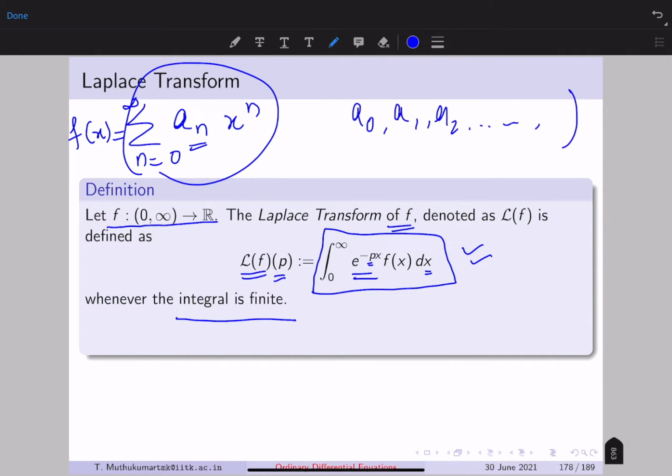So you have this collection of coefficients, and these coefficients correspond to the function f here. If you change these numbers, you are going to get a different function and a different f, right?